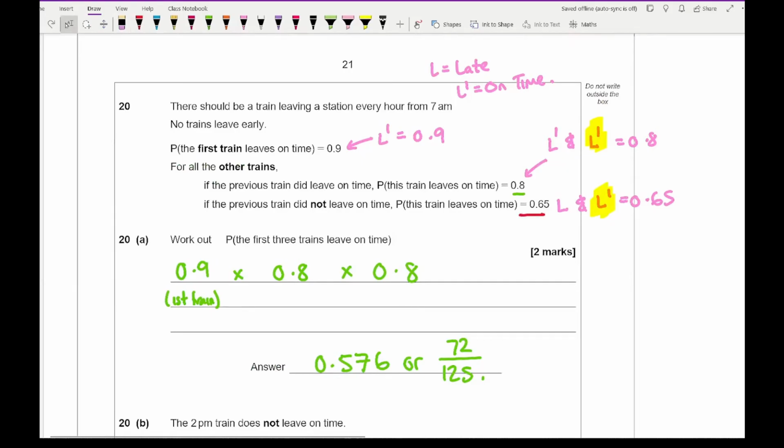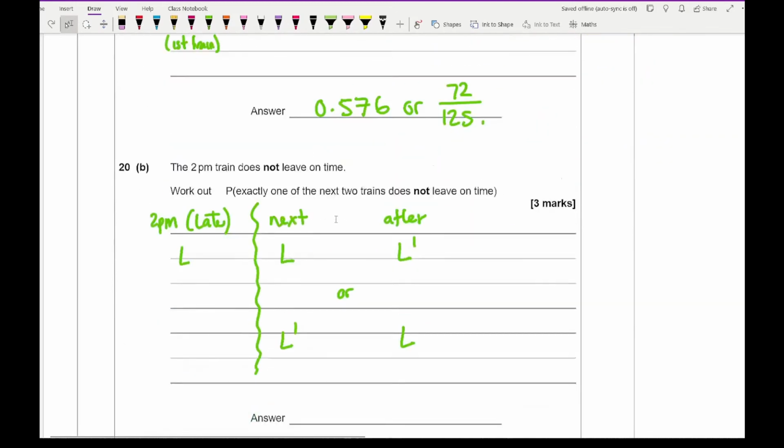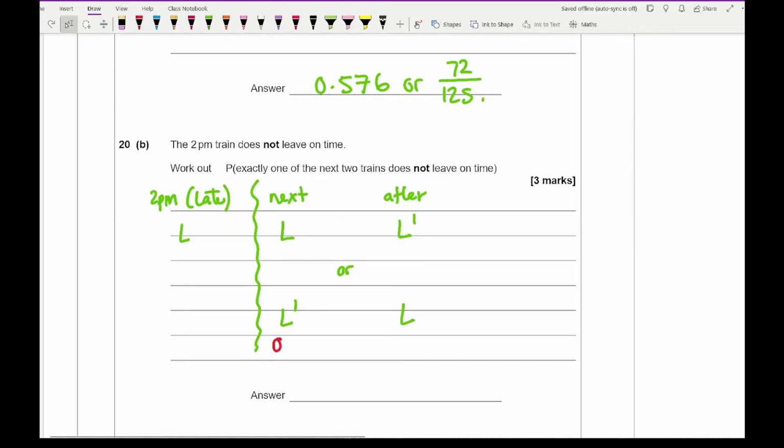Because obviously the 2 p.m. train is late, the probability that the next train is on time is 0.65, and the probability of this next train being late is 0.35.